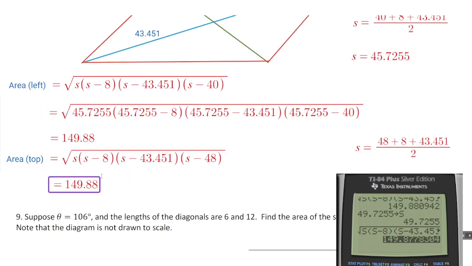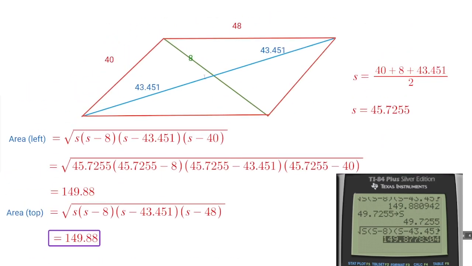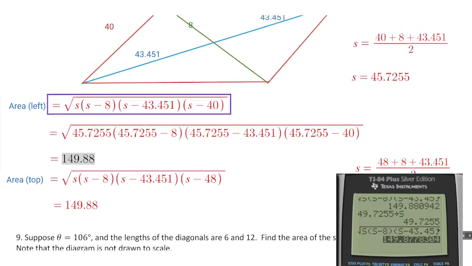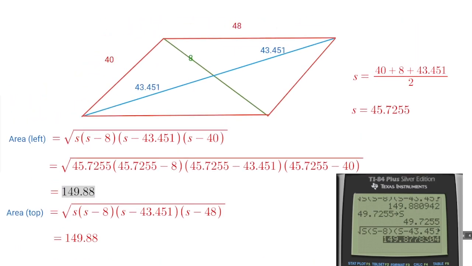Okay, well anyway, instead of having to find two separate areas and then doubling, we could just find one and multiply by 4, basically. So the left is going to be the same as the right, and the top is going to be the same as the bottom. Turns out the areas are extremely close to each other, close enough to really just say that they're the same for our purposes.